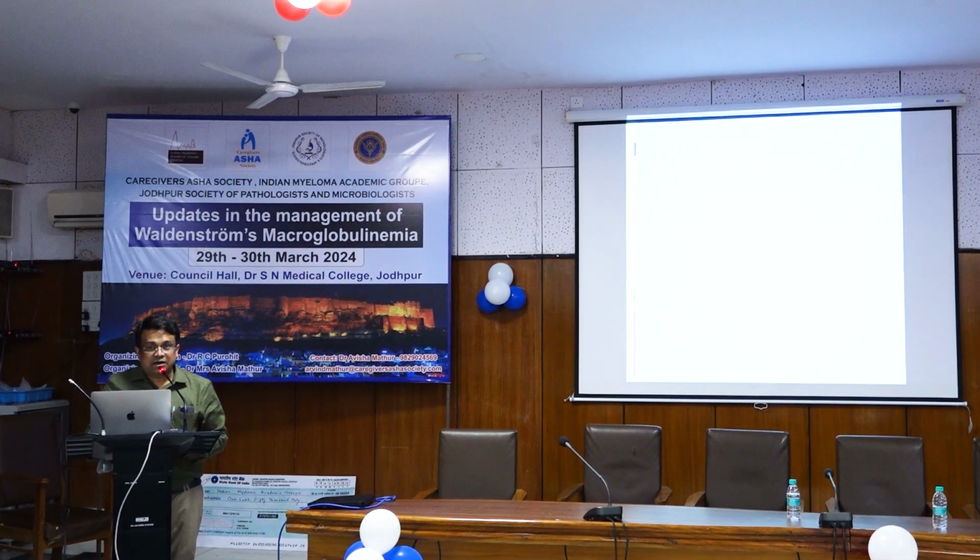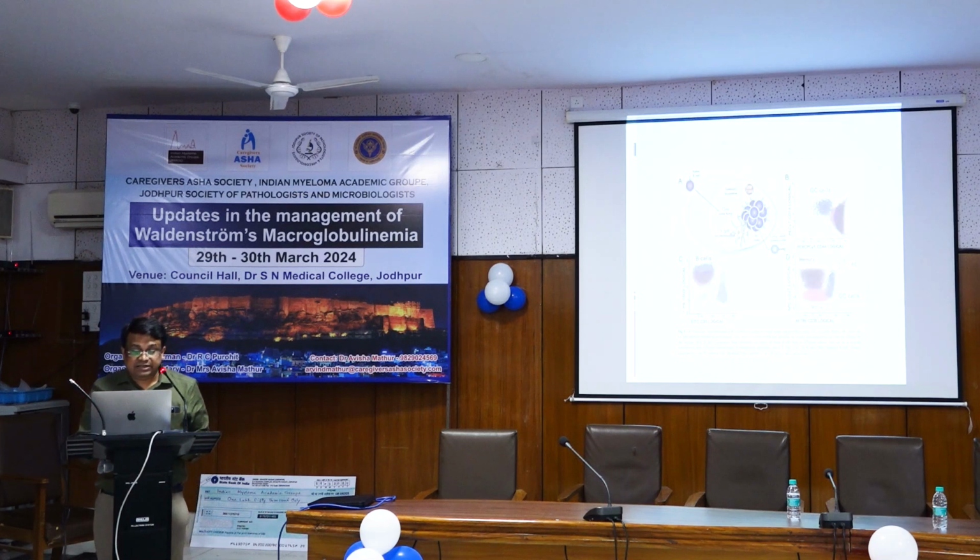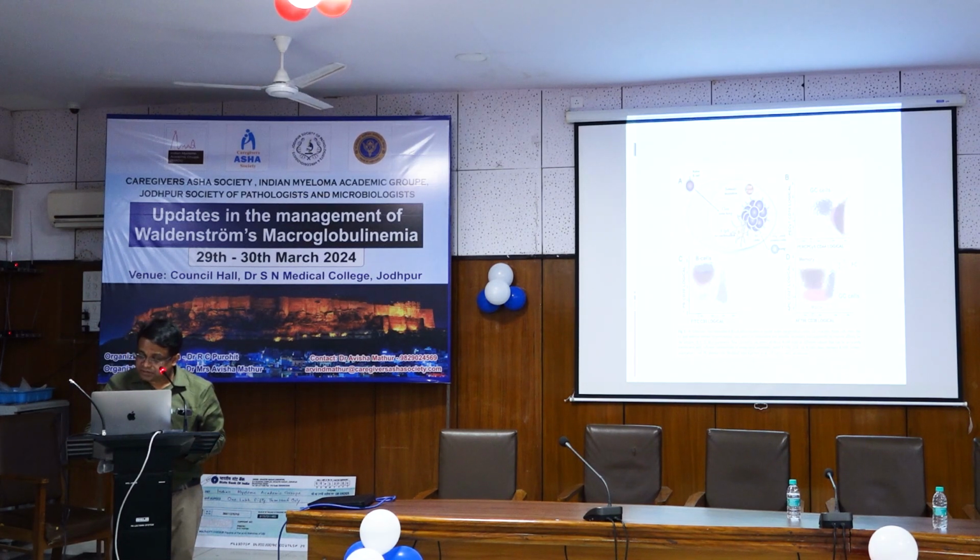But what is the underlying mechanism? That is the MYD88 mutation. A few points about MYD88 mutation. We all know there are three subsets of B cells. Initially, a naive B cell enters the germinal center, and from there, at the T-B area, it gets activation with the new antigen, and then either it becomes a memory B cell or a plasma cell.